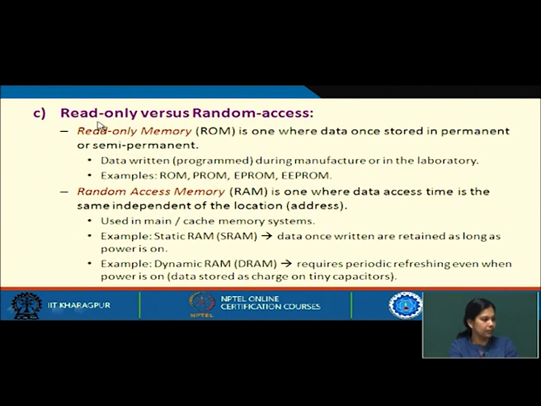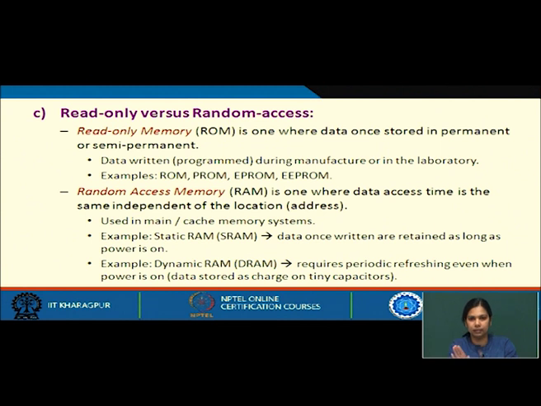Next, let us see read only versus random access. What is read only memory? Read only memory is one where the data, once stored, is permanent or semi-permanent. What do you mean by permanent, and what do you mean by semi-permanent? By permanent, we mean that once we write into it, no changes can be made to it.